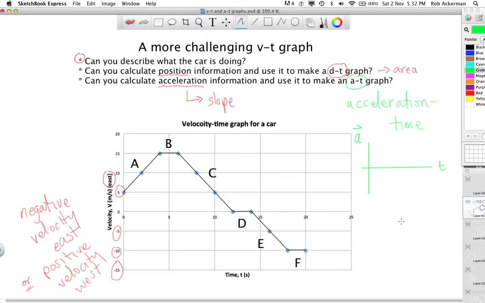Okay? So at this point, I think you should pause the video, and for each of the lettered intervals, take a moment to see what you would get for all of those different positions via displacement and the accelerations via slope. I'm going to pause the video and do the same, and then we'll compare answers.